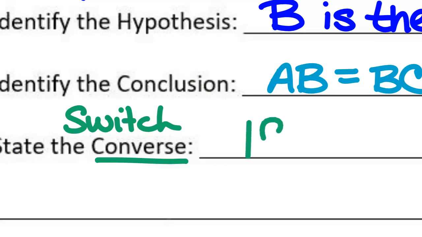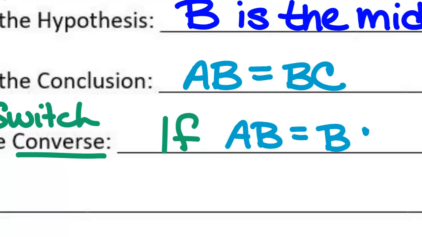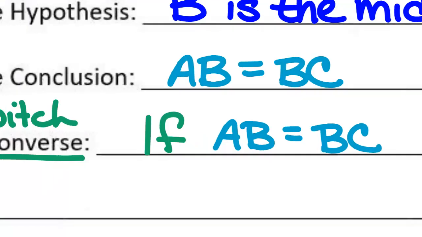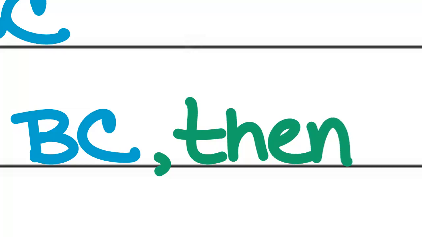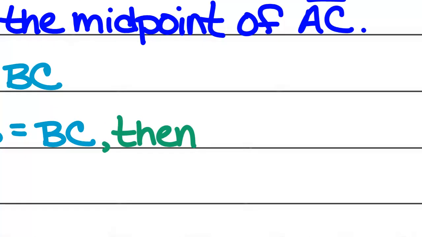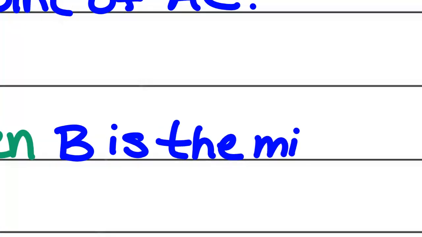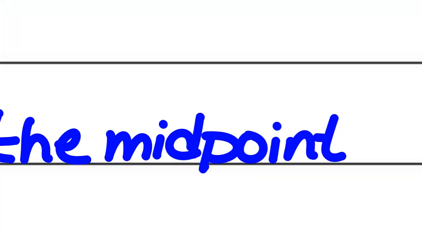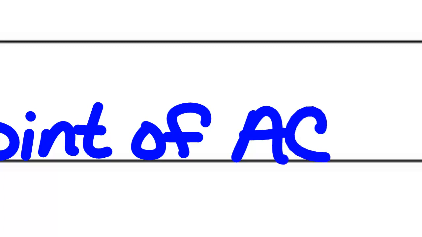So now it would be if the length of segment AB is equal to the length of segment BC, then B is the midpoint of segment AC.